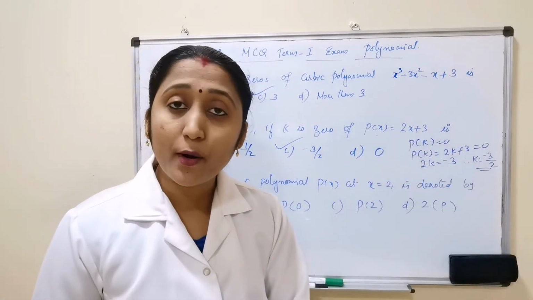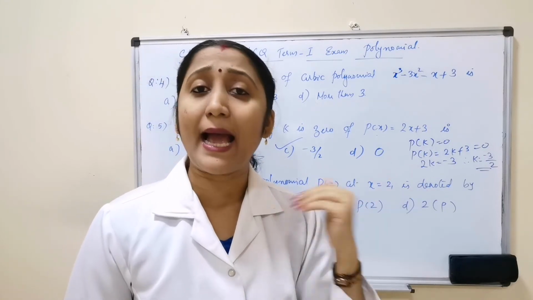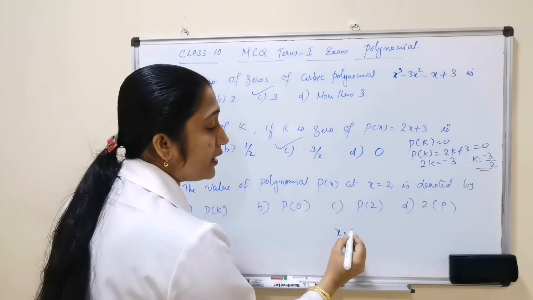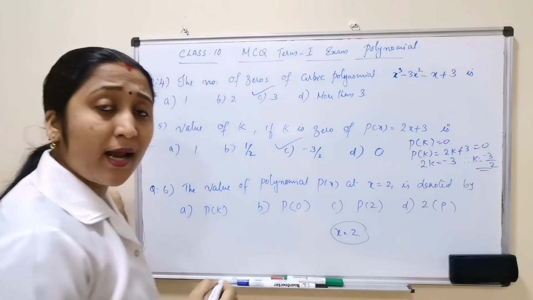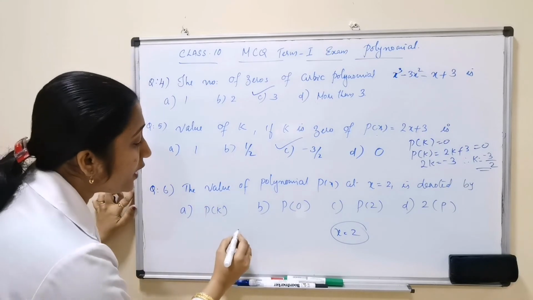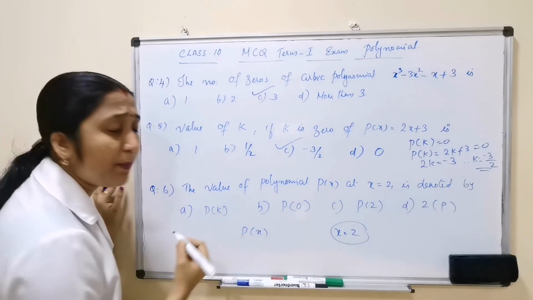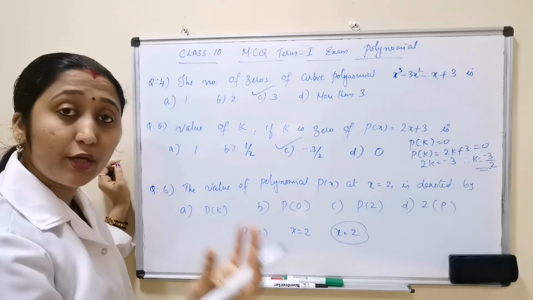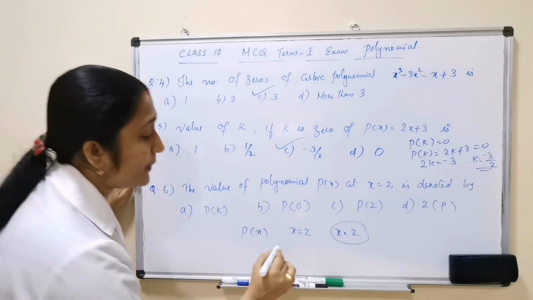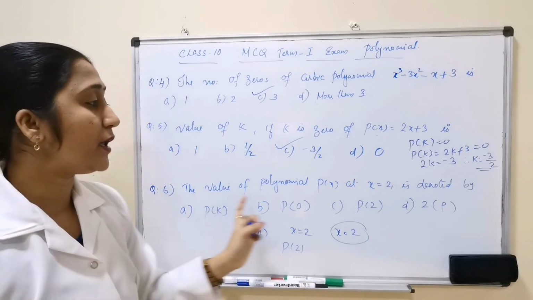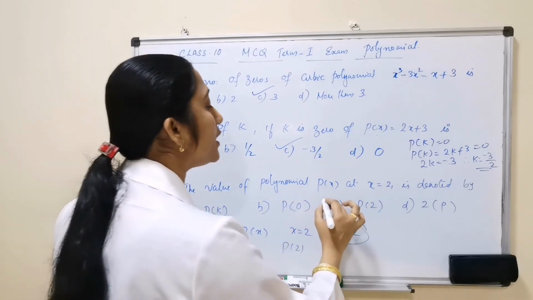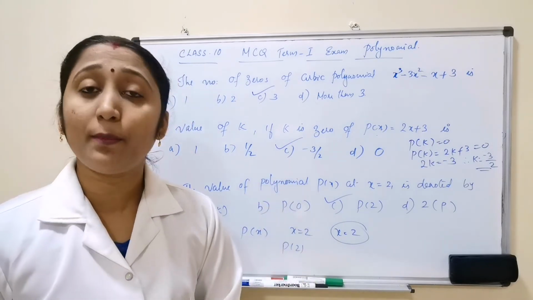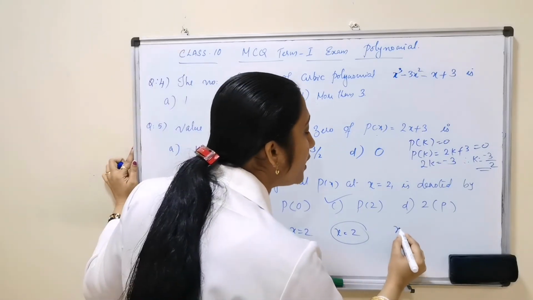Next, the value of polynomial p of x at x equal to 2 is denoted by. If p of x is a polynomial, to find the value we substitute x equal to that value, here x equal to 2.